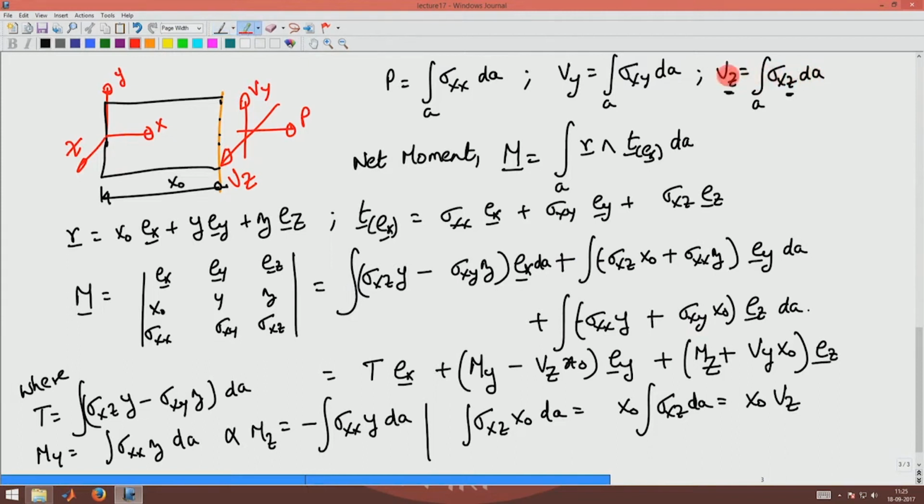Coming from this definition, we write this as x naught into Vz, and similarly we write integral of sigma xy x naught dA as x naught into Vy. So, we got that the moment is given by this expression.